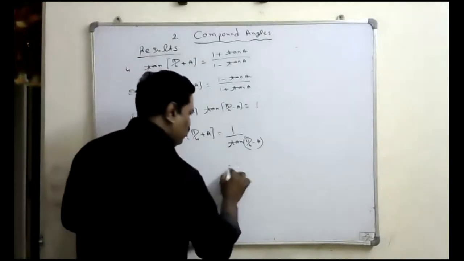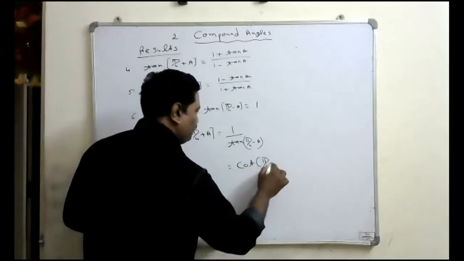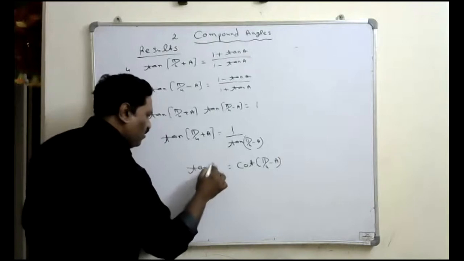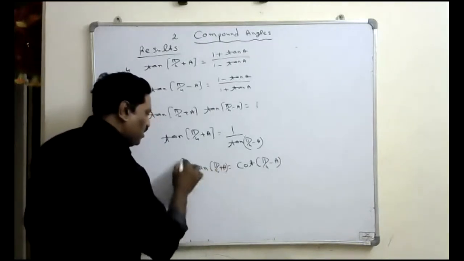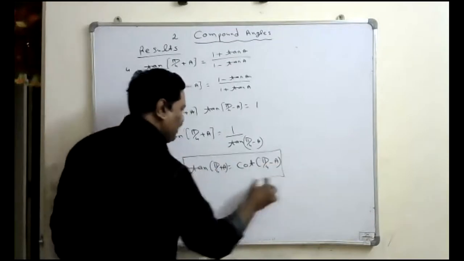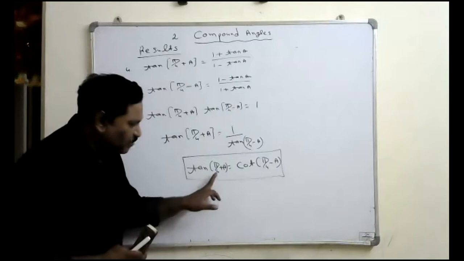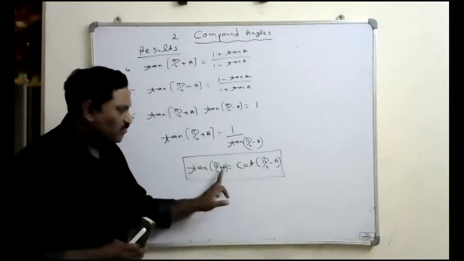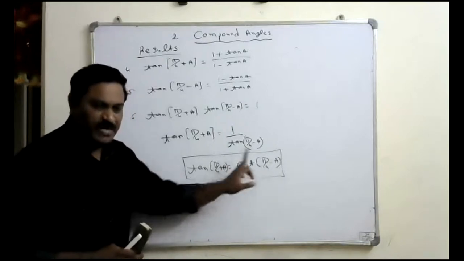That is equivalent to the cot of pi by 4 minus A. So this is the point we have to remember. Tan of pi by 4 plus A is equivalent to cot of pi by 4 minus A. This is the result we have to remember. It means when the angle is pi by 4, we convert the tan to the cot; if there is a plus, it becomes minus, and if there is a minus, it becomes plus.